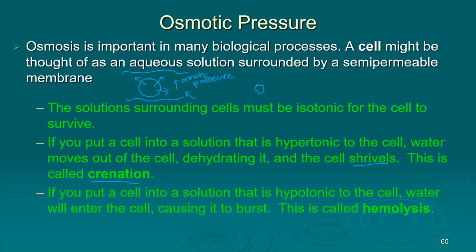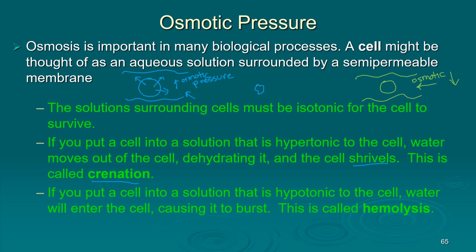So what if instead, let's say you're in the hospital, and they give you pure water instead of a saline solution. So now the osmotic pressure of the solution around your cell decreases.